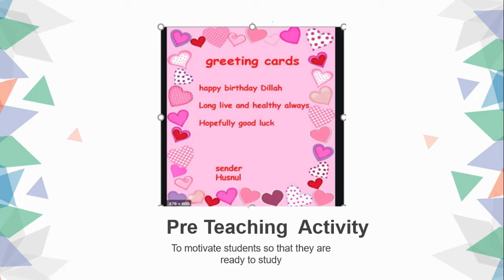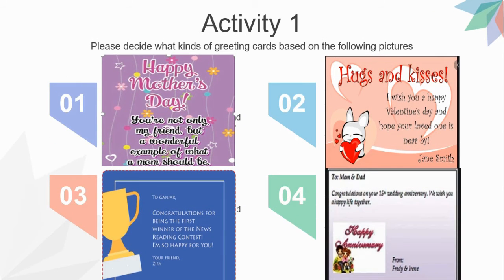Okay, next, after the students are ready to study, we continue to the next part, that is the while teaching activity. So in the while teaching activity, activity 1: please decide what kind of greeting card it is based on the following pictures. In the previous part, we mentioned that in the indicator, the students could identify many kinds of greeting cards.